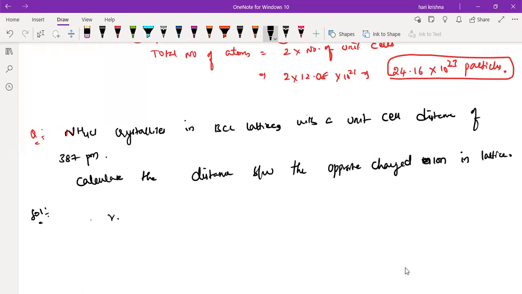Radius of cation plus radius of anion equal to root 3 a by 2. The edge length is already given.